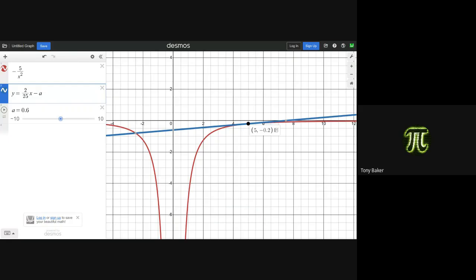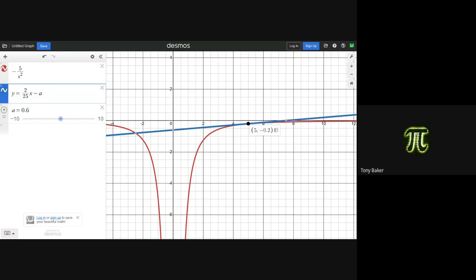It only touches at that one single point. So at 5, my original equation is -1/5, and my tangent line equation is also -1/5. So they're equal to each other.